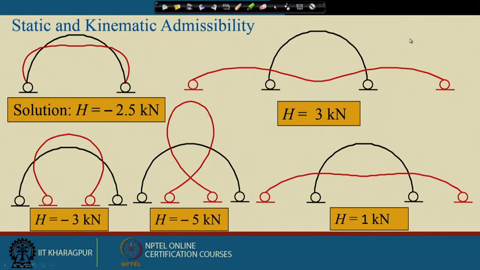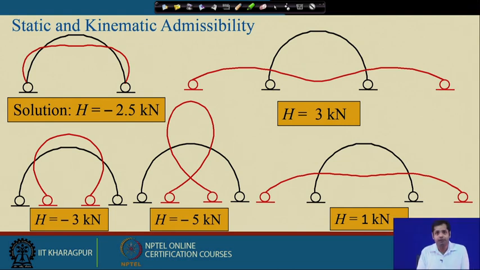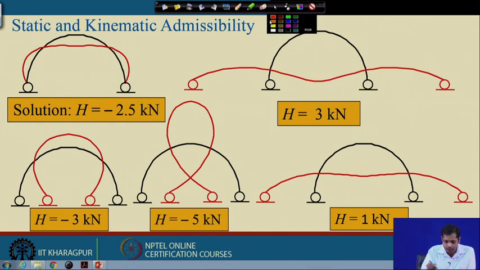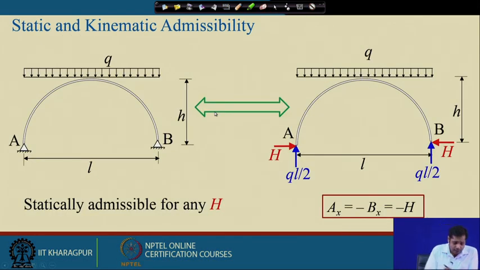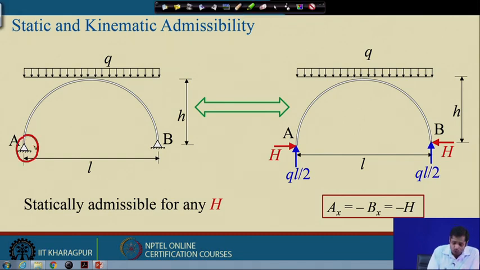You see we have just changed H, and these are the deformed shapes for different values of H. Now, what is the kinematic condition we have here? If you go to the previous page, our support condition was that point A and point B have hinge supports. So, there will be no translation at points A and B.